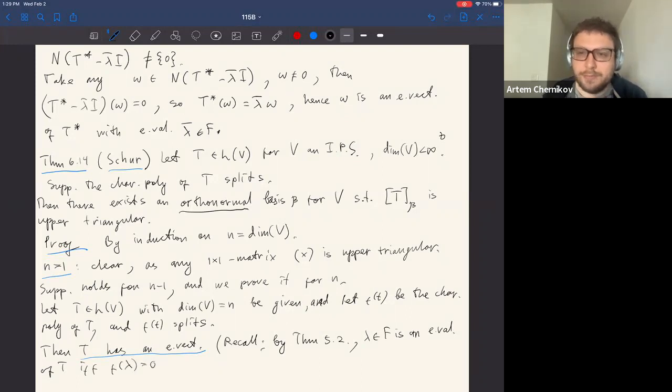Since we're assuming that f of T splits over our field of scalars F, it has a root.